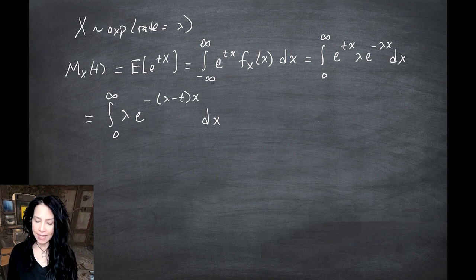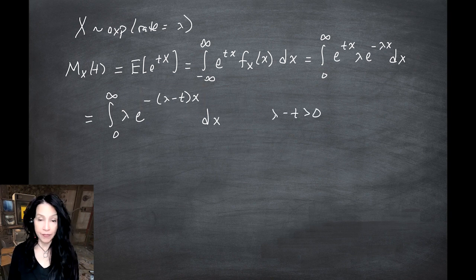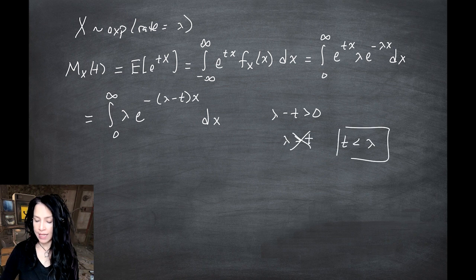So this thing is going to blow up unless we want this whole entire exponent to be negative. And because of the negative out front, that means that we want lambda minus t to be positive. So that means we want lambda to be greater than t, but t is the argument of the function. So maybe we should say it the other way. We want t less than lambda when defining this moment generating function.